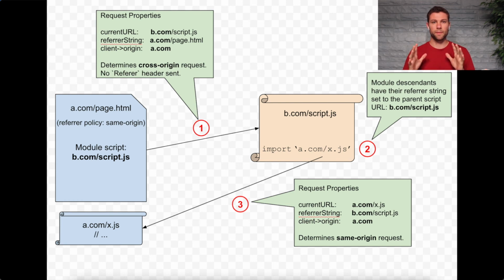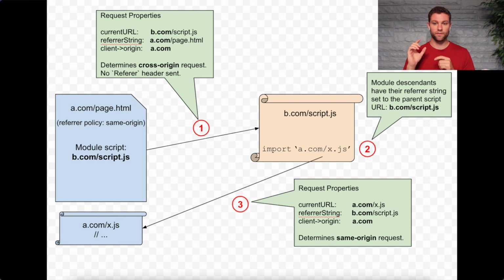This is because we want the parent to behave like a lightweight client, where it can grant a few properties, in this case the refer string, to some of the sub-resources that come underneath it. We're following this precedent in that CSS sub-resources behave this way, and module scripts now behave this way as well. We want this lightweight client concept.